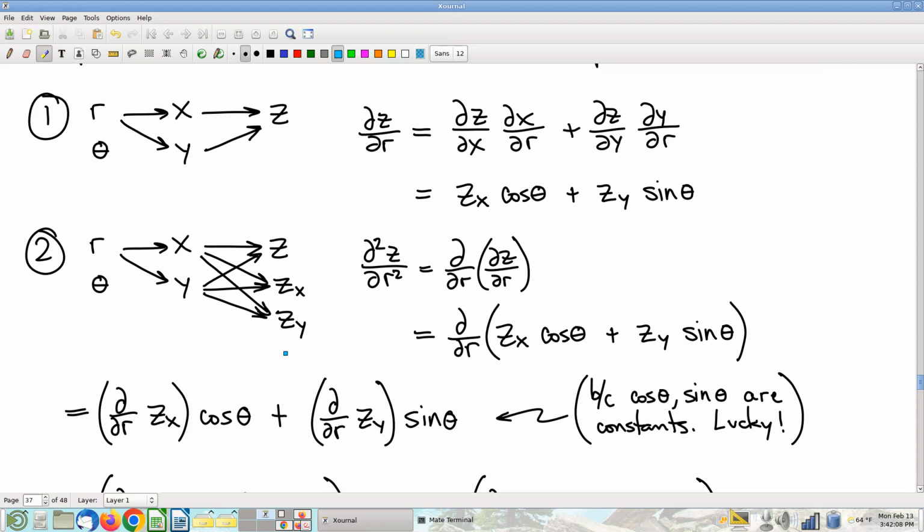By the way, we got lucky in here. You may have noticed that this thing here, the partial of x with respect to r, lucky break, didn't happen to have any r's in it. That was super lucky. There's no reason why, in general, you should expect the variable that you take the partial with respect to to just disappear. Most of the time, there's going to be factors of r in here as well.